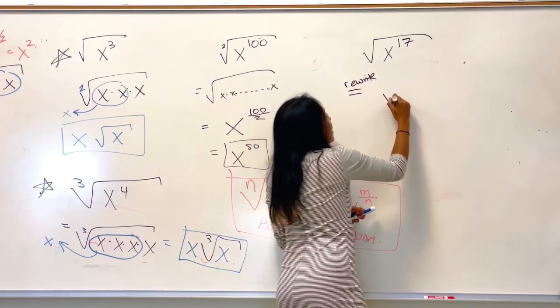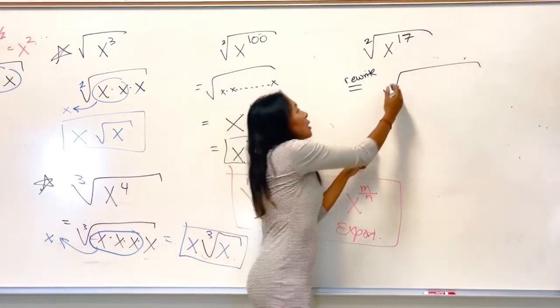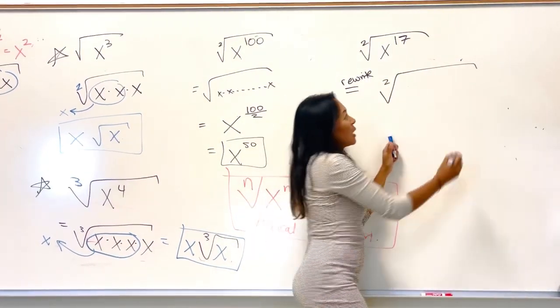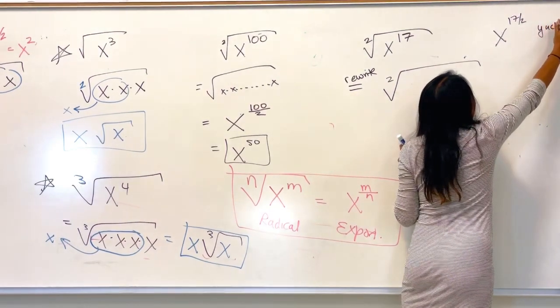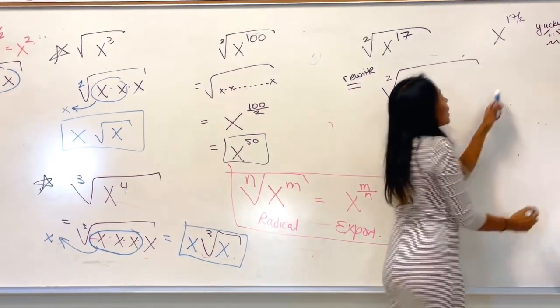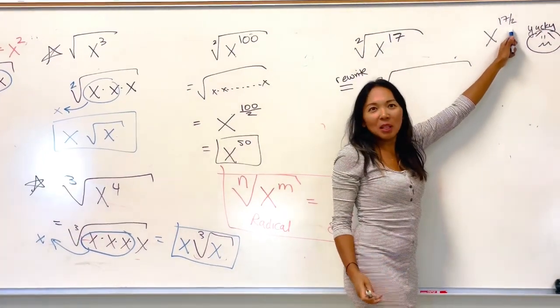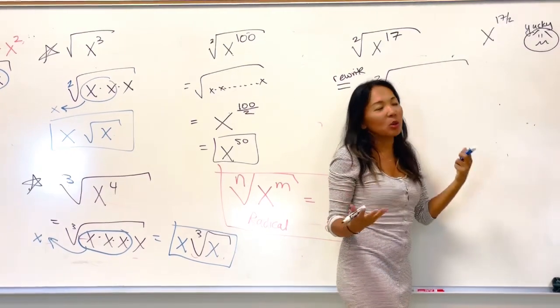First, rewrite it, because you notice that the rule is it's a square root, right? I can't divide 17 by 2, right? If I can't do 17 over 2, that's going to be yucky. It's not going to be a whole number. You want it to be something where you can divide it and you get a nice whole number.